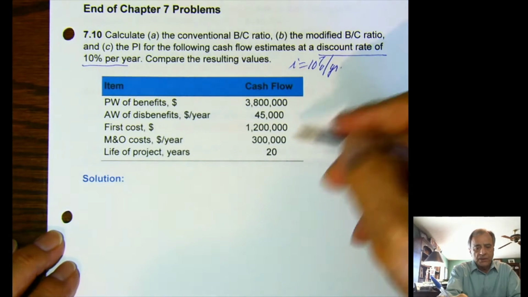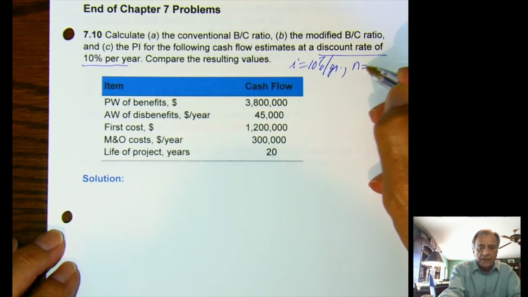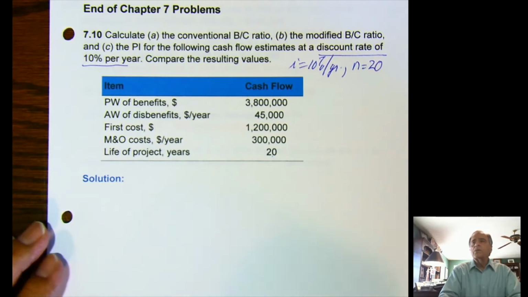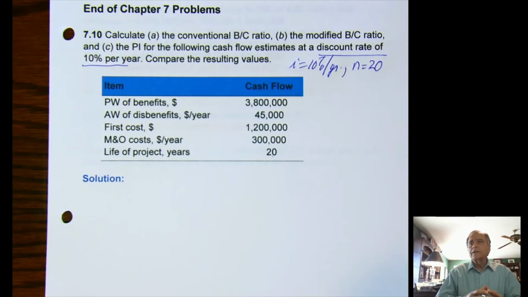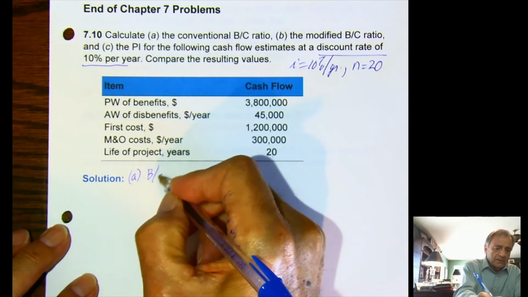And we're also given that the life of the projects is 20 years. And we want to look at this project and calculate the benefit cost ratio, in Part A at least. Part A, B, C.